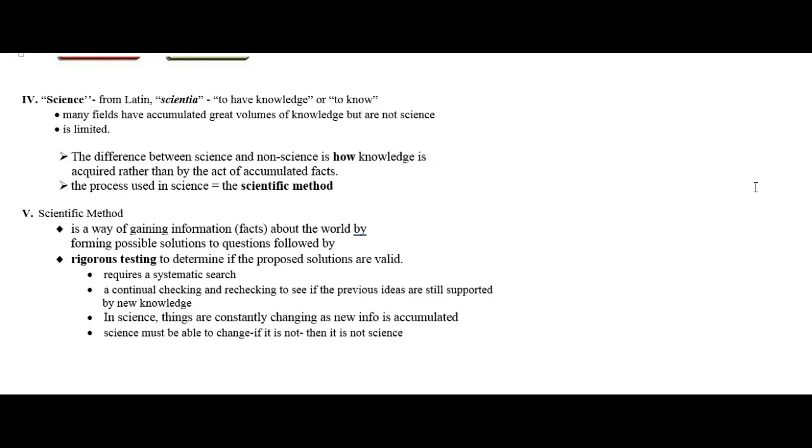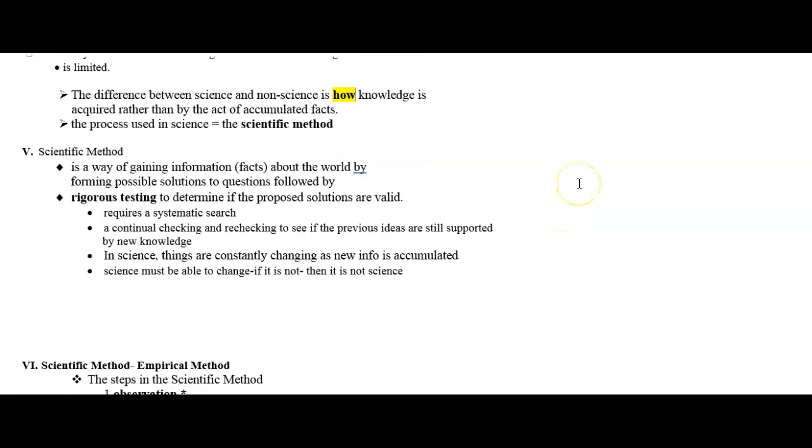So the key thing is how the knowledge is going to be acquired. The key word there is how. And that how is using the scientific method, doing experiments on it. The key thing for the scientific method is you have to have rigorous testing. Testing it over and over and over.